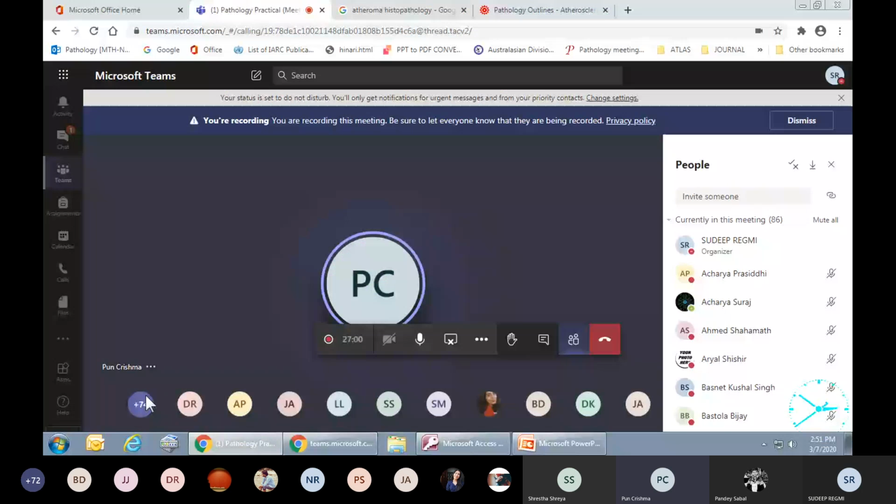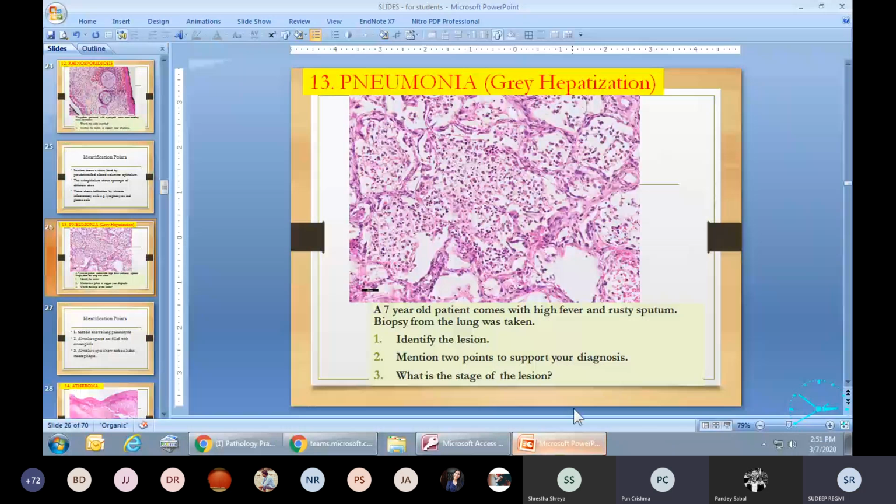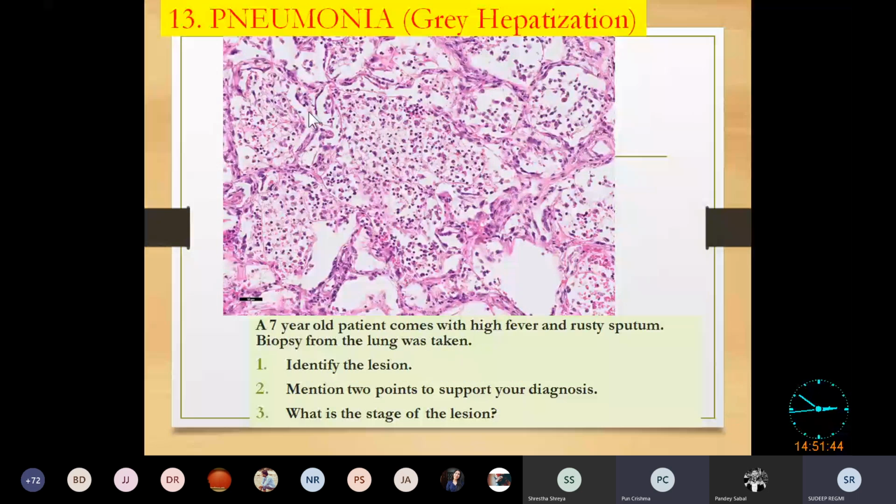There are alveolar spaces which are filled with neutrophils. And there is alveolar septa which shows carbon pigments. Very good. It is pneumonia. This is a slide of pneumonia.